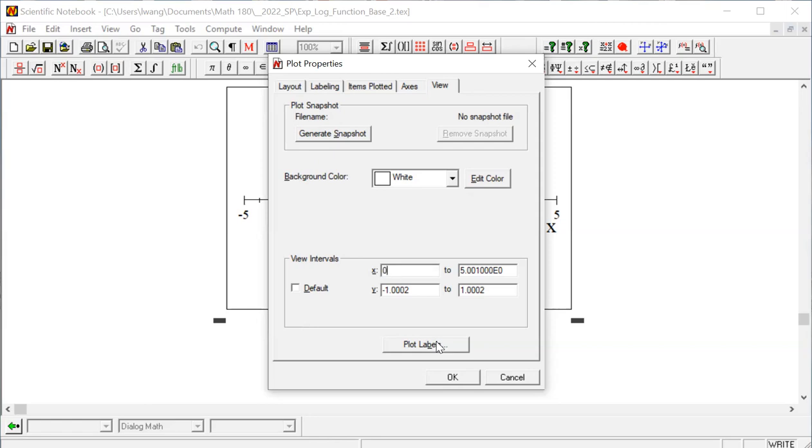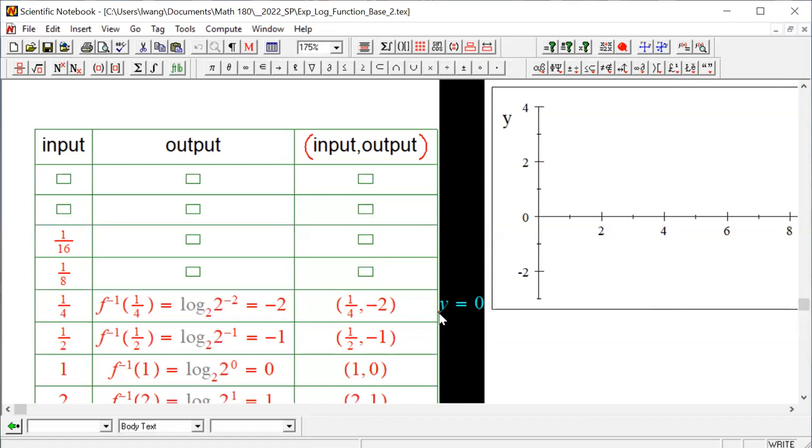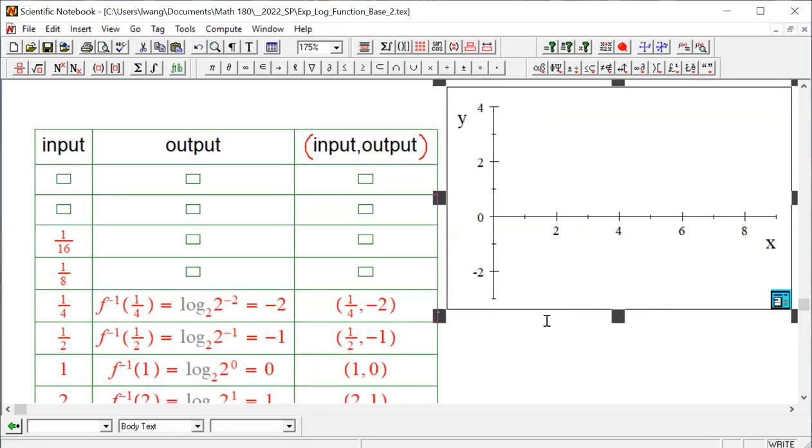They're not in the domain. There. I don't need them anymore. So I started the graph, right?